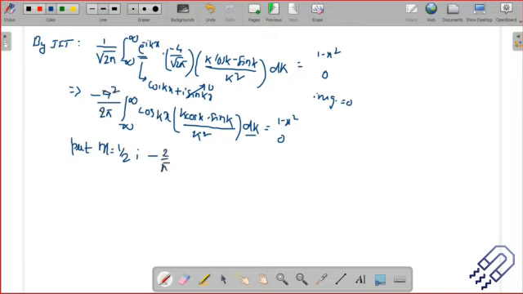Minus of 2 by pi, integration of minus infinity to plus infinity cos of x by 2. Okay, and then we will have the derivation 3 cos k minus 9k divided by k cubed. So these are the adjustments that we have to do. It's important.